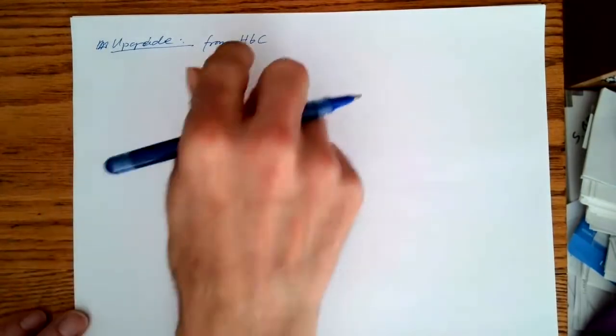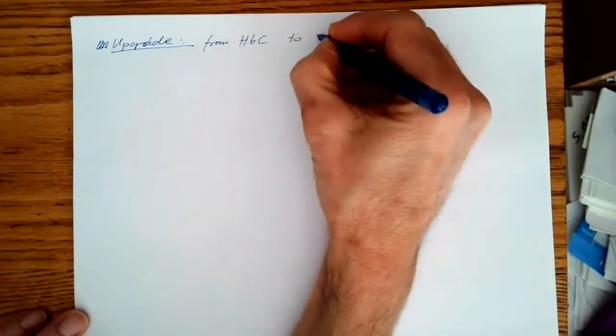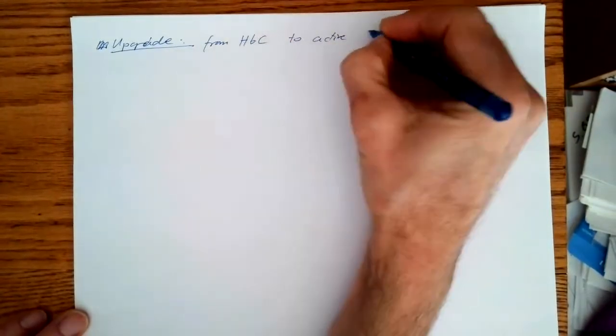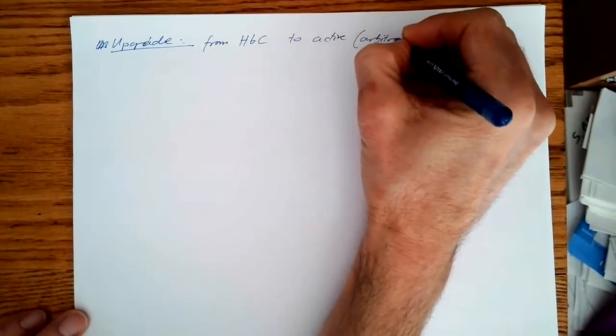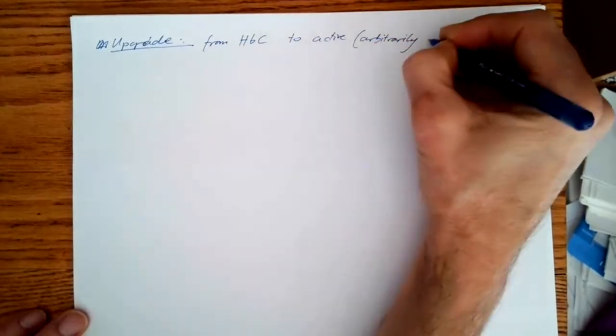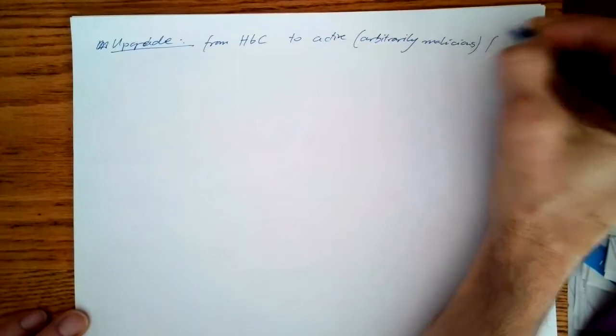But what if they are not just honest but curious, but active or arbitrarily malicious faults?